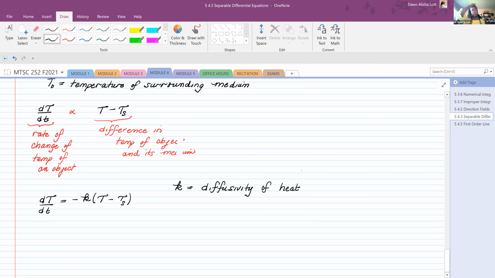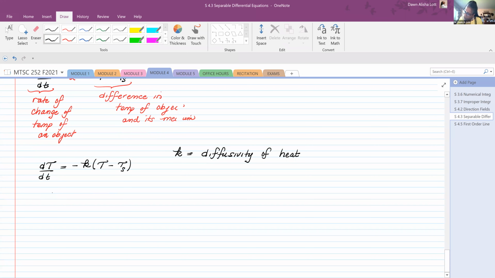And then T at 0, T0, is the initial temperature of the object.